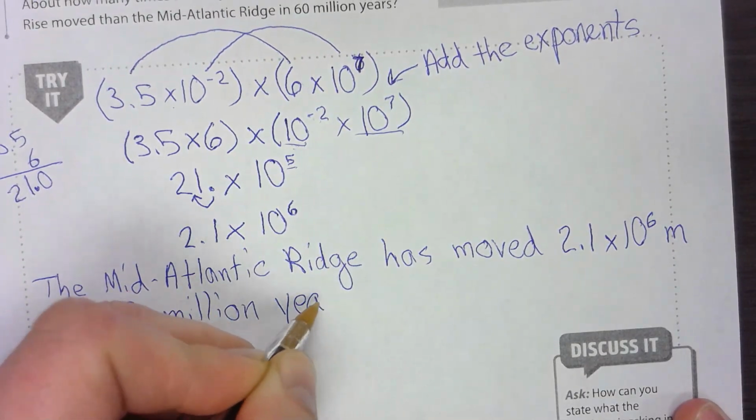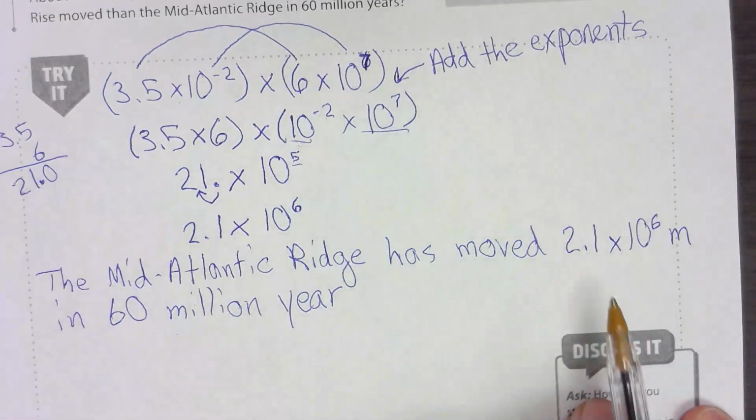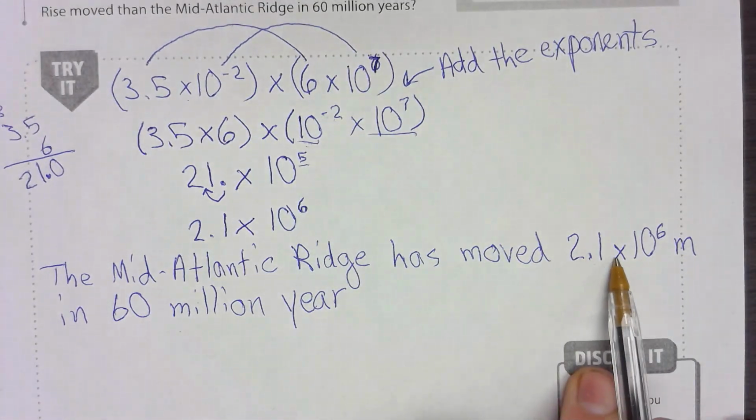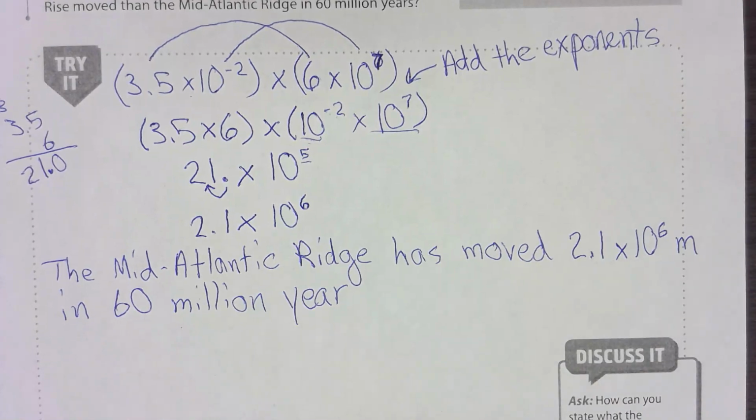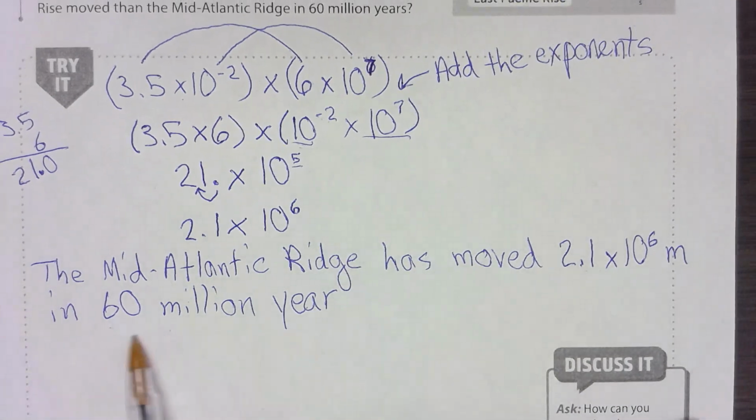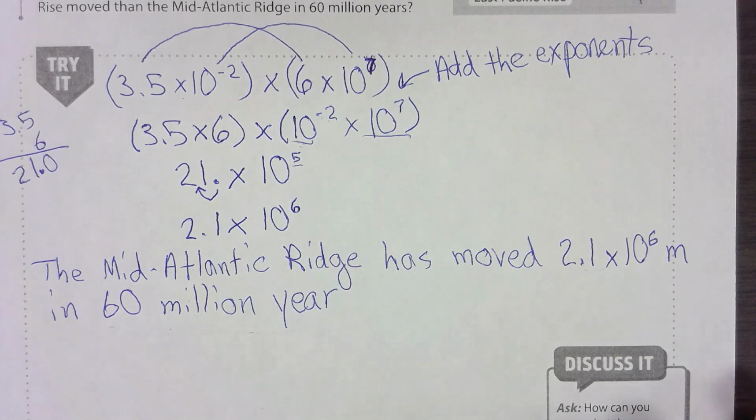Well, that's quite a lot, right? How many meters is that? We're going to move this 6 times. That's 2,100,000 meters. Holy smokes, that has moved quite a bit over this really long period of time.